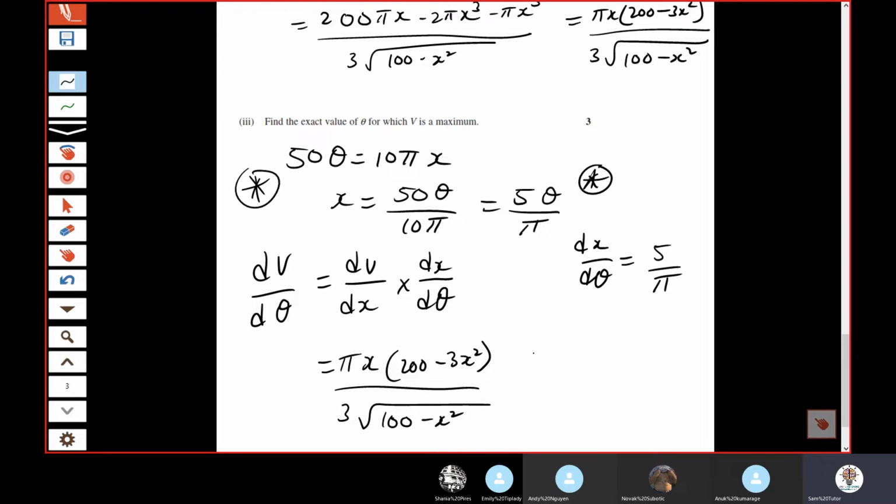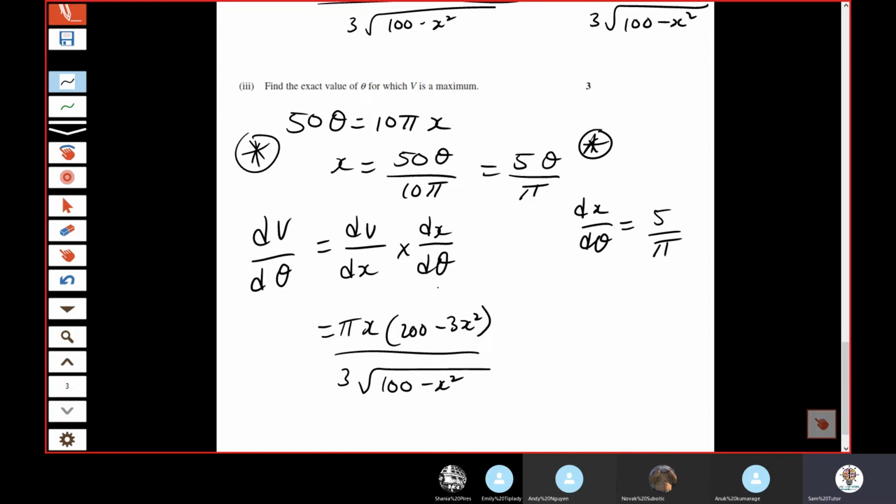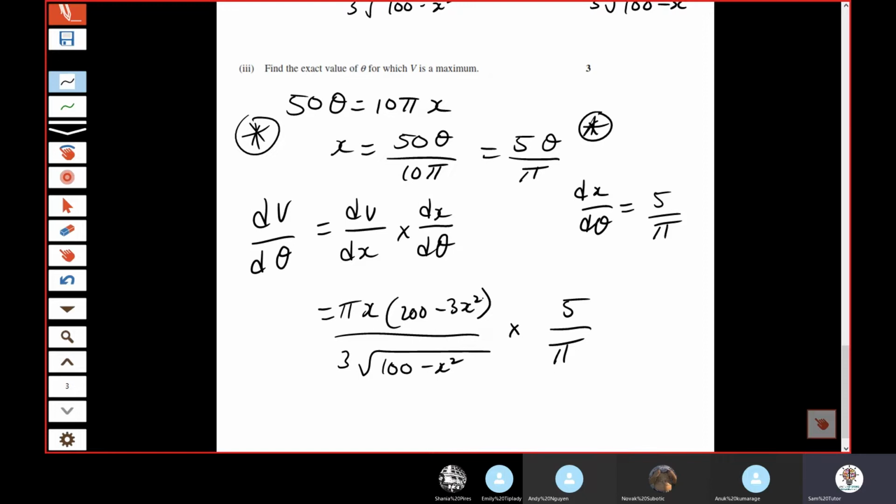Your schools will probably do a lesson or two and that's it. It's not enough for something that will 100% be hard. It's not going to be easy. It will be hard. Don't neglect it. Times 5 on pi. All right, that's dV on d theta.